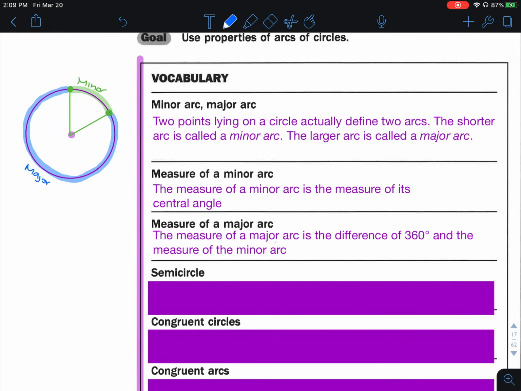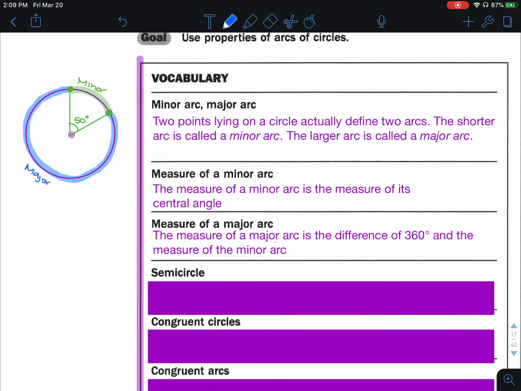So then to find the major arc, the measure of a major arc is the difference of 360 and the minor. So if I have my minor arc, let's say 50 degrees. The measure of my major, the blue, again, a circle adds to be 360.